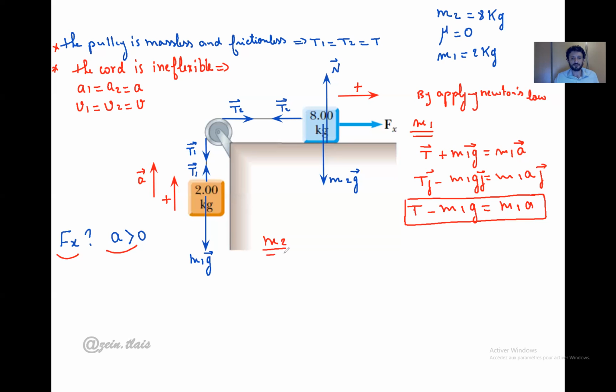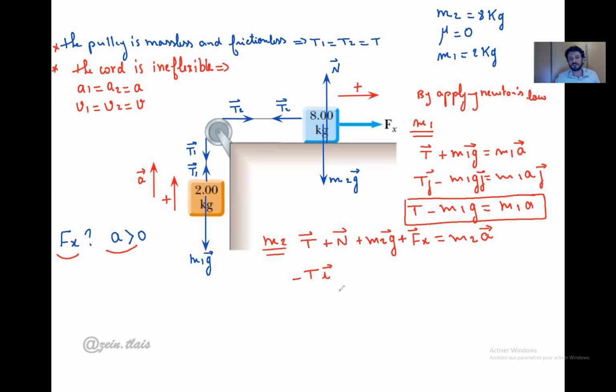For M2, the summation of F, we have T plus N plus M2g plus Fx equals M2a. Okay. Now T in the negative direction, Fx in the positive. Okay, we have N before. Okay, I will put all the x-axis direction.